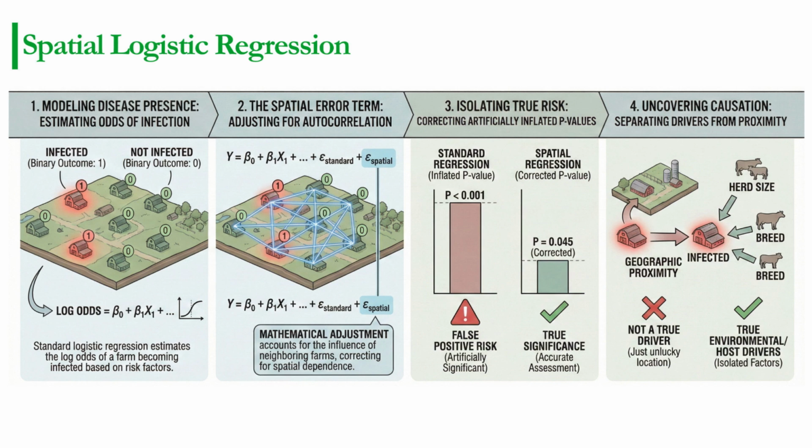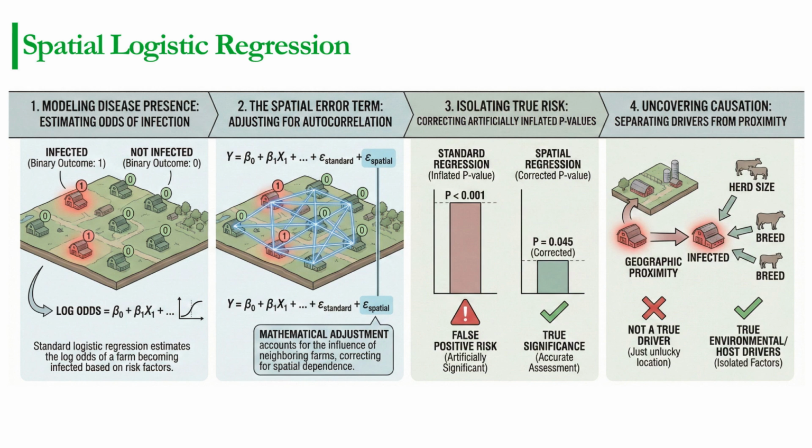The model estimates the log odds of infection based on one or more risk factors. However, in spatial data, farms are not independent. Because of spatial autocorrelation, nearby farms often share similar risk. If we apply standard regression, uncertainty can be underestimated and p-values can look more convincing than they should.